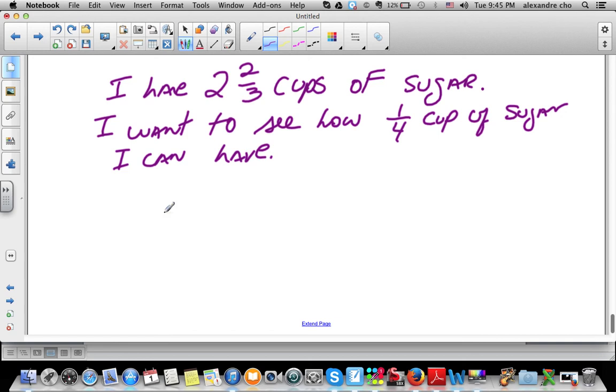Well, it's a division problem. 2 2/3 divided by 1/4, and they also want you to model this. So let's change this. 3 times 2 is 6, so it's 8/3 divided by 1/4.